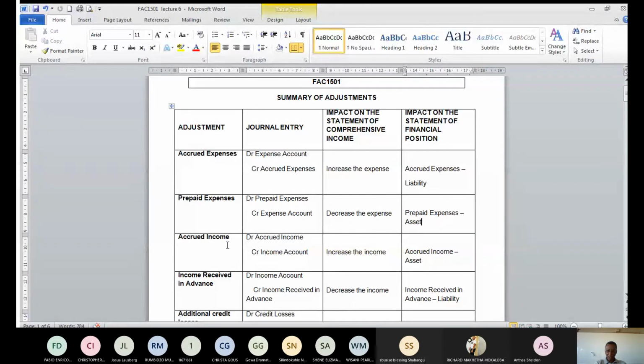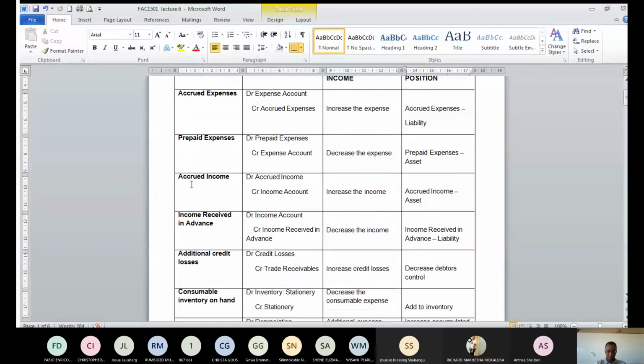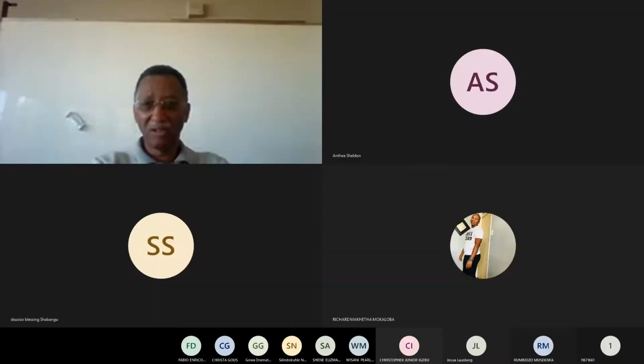The next adjustment that we are dealing with is called accrued income. Accrued income will occur when we, as the business, were supposed to receive money for the year, but we did not receive it. So the money is still due for the current financial year.